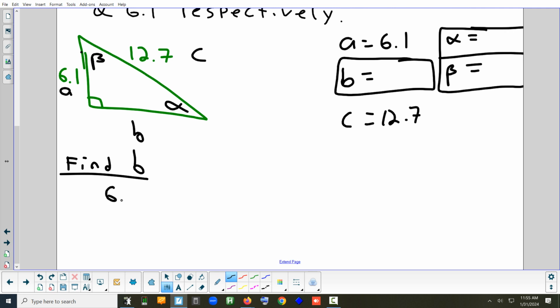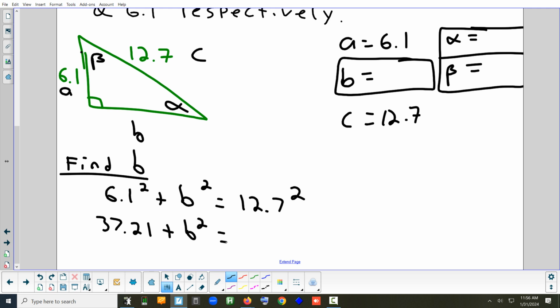So we've got a squared plus b squared equals c squared. Okay, can someone tell me what's 6.1 squared? 37.21.